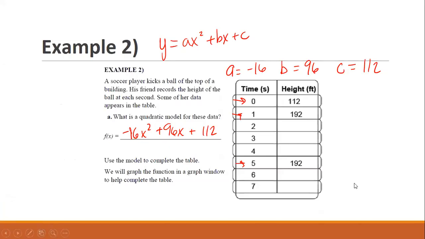So filling in the rest of the table, I was able to complete it. At 2 seconds it's 240. 3 seconds, 256. 4 seconds, 240. 6 seconds, 112. 7 seconds, 0. So 256 is my vertex. That was the highest I was at. And this means I am back on the ground.